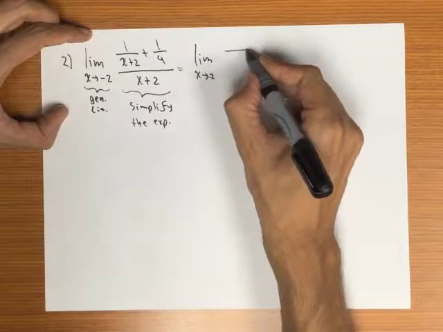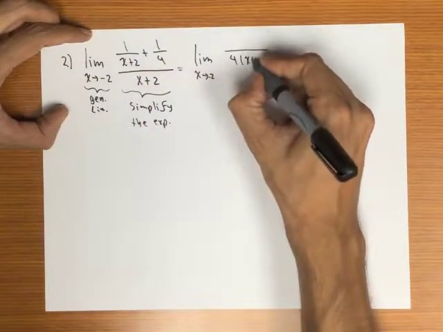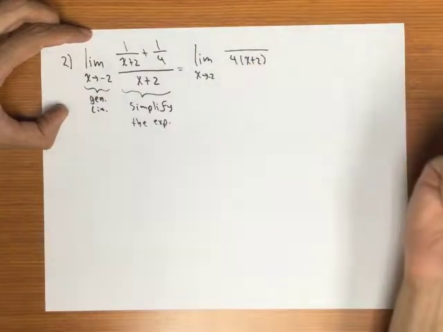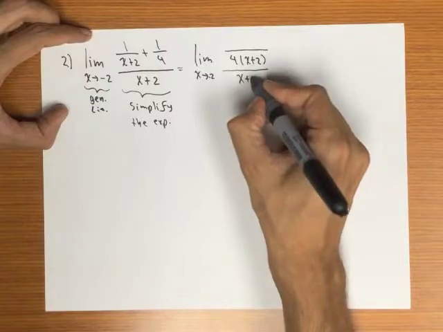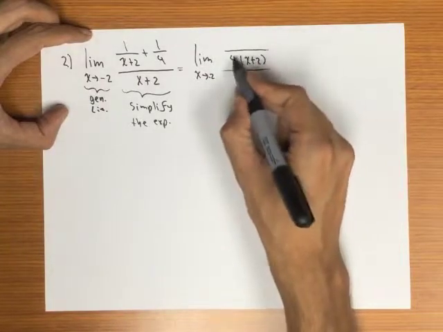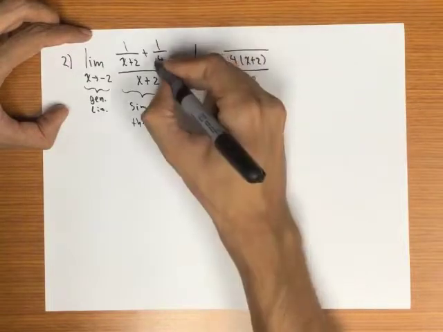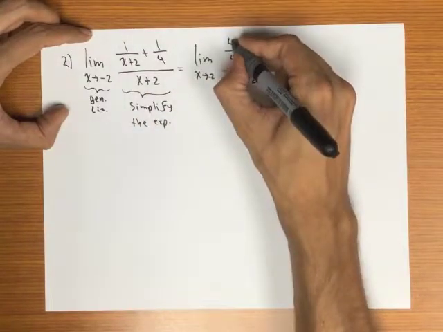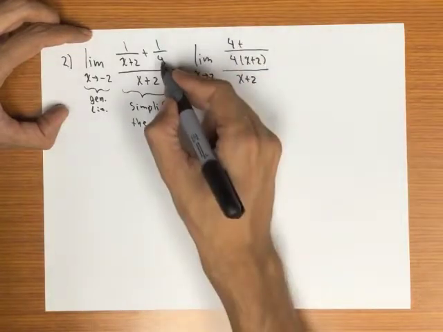If I add this fraction, the common denominator will be 4 times x plus 2. You will never solve this denominator right now. All of this over x plus 2, and this denominator over x plus 2 gives you 4, and 4 is multiplying 1, so you will have 4 plus 4 times x plus 2 over 4.